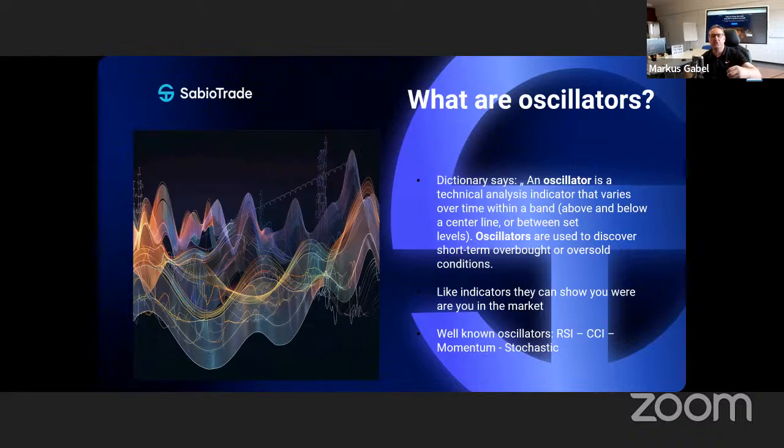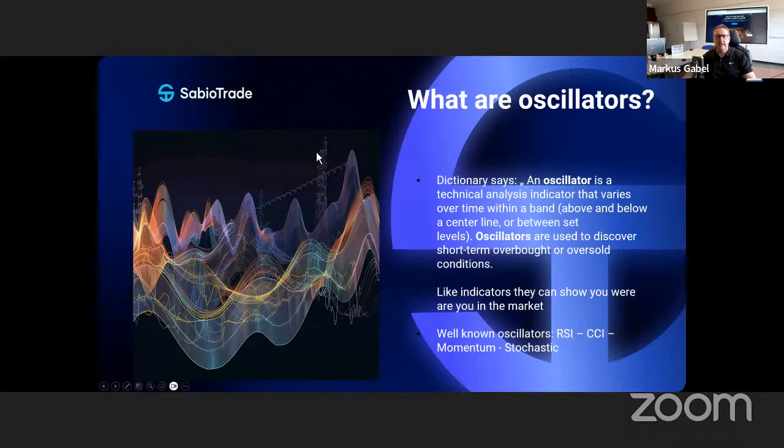Oscillators are used to discover short-term overbought or oversold conditions. At the end, ladies and gentlemen, like indicators, they can show you where you are in the market. Well-known oscillators, for example, RSI, CCI, momentum, or stochastic.